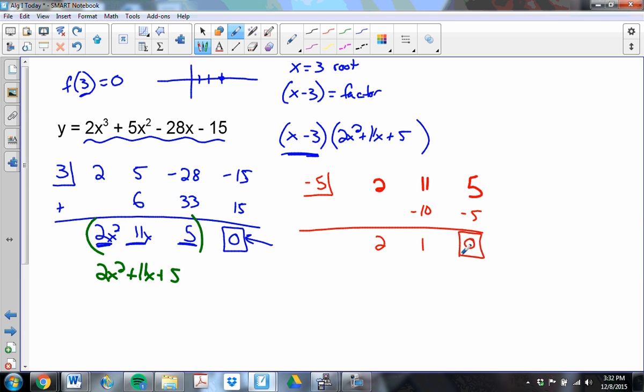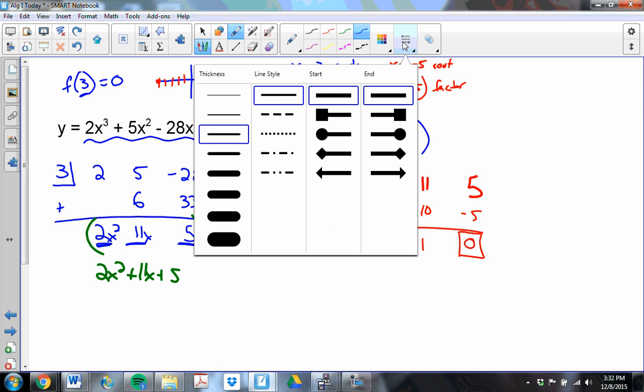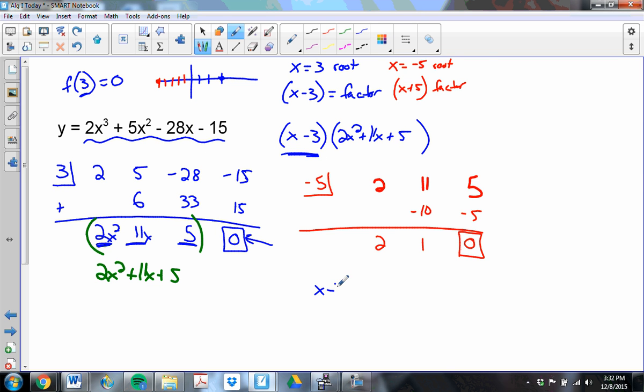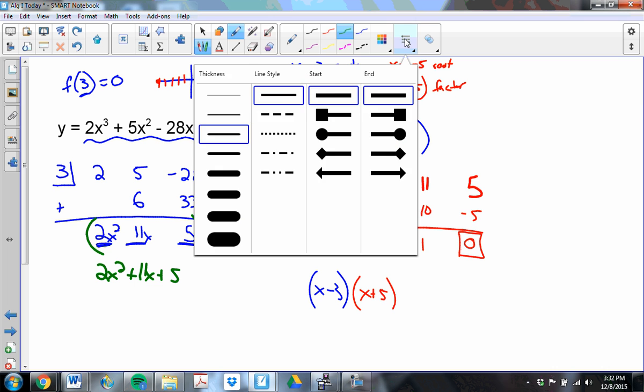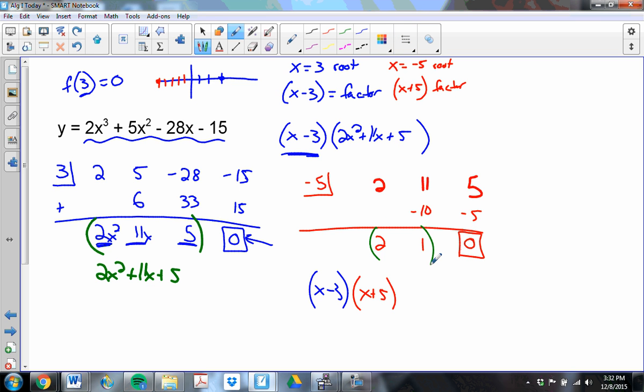That means that x equals negative 5 is a root. So x plus 5 is a factor. Well, I already had a factor of x minus 3. I now have a factor of x plus 5. And I know what's left is going to be this stuff.